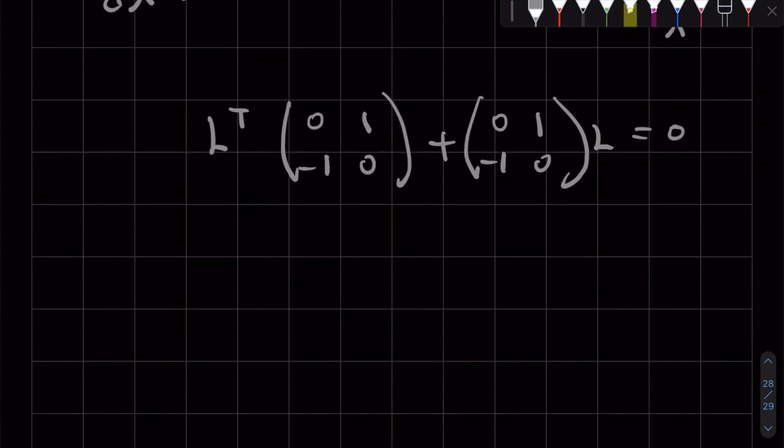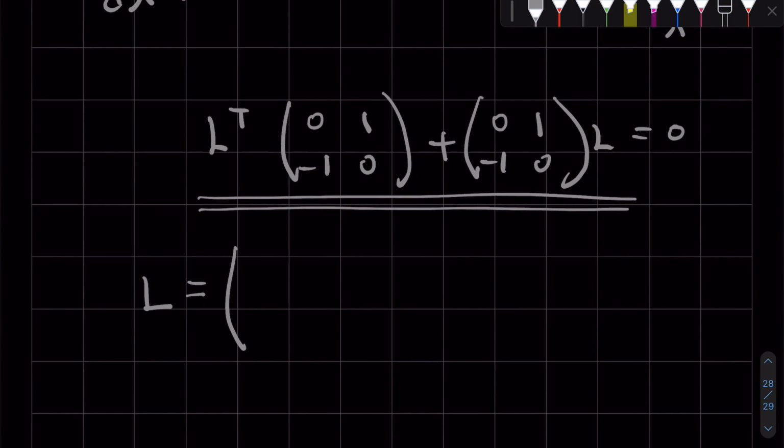So if I now represent the matrix L, this puts a constraint on the matrix. It says that the matrix has to be trace-free. So the matrix has to be of the form [A, B; C, -A].